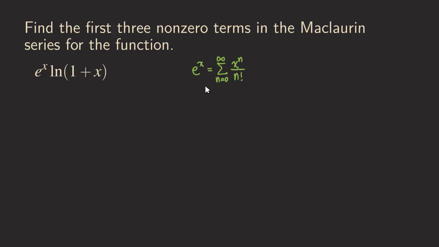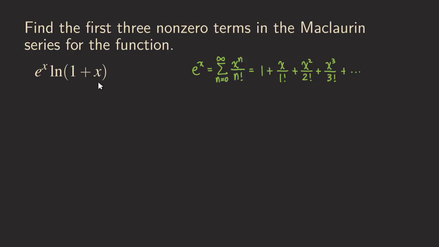If you write out the first few terms by plugging in n equals 0, n equals 1, n equals 2, n equals 3, and so on, the first term is 1, and then x over 1 factorial plus x squared over 2 factorial plus x cubed over 3 factorial. We can just follow the pattern and keep writing out the terms. So now we have that.